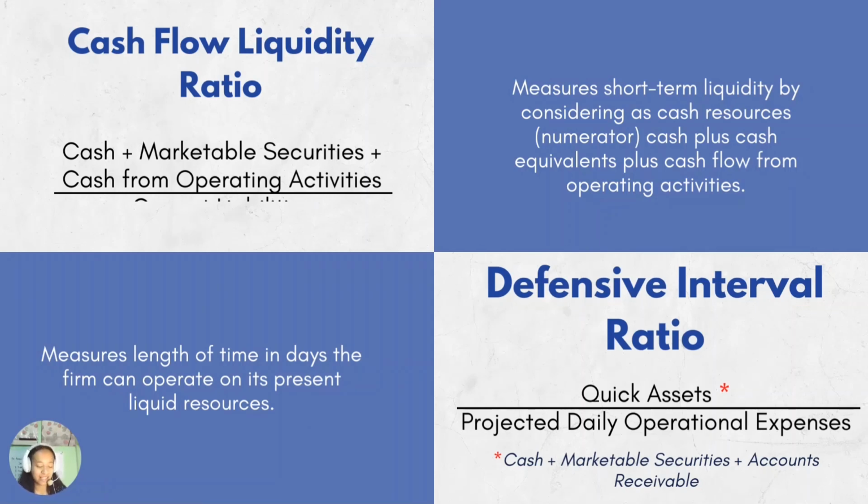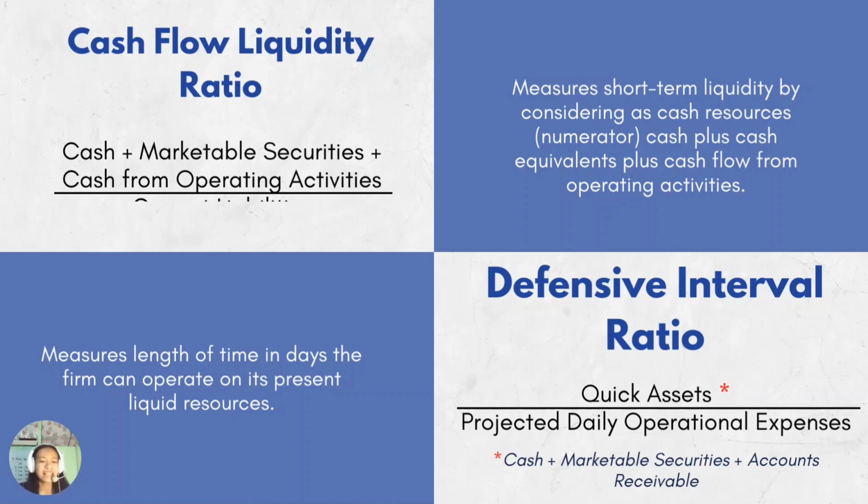Ang quick assets is composed of the cash, marketable securities, and accounts receivable. So, for safe computation, mas maganda na kunin nyo na lang yung cash, marketable securities, and accounts receivable. Ayun po.